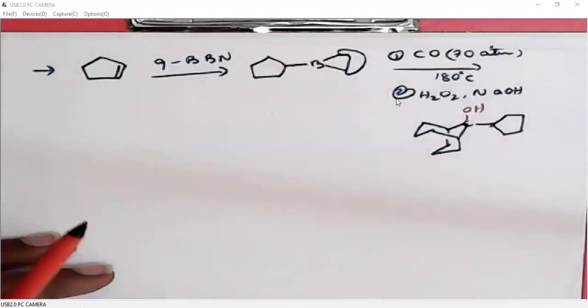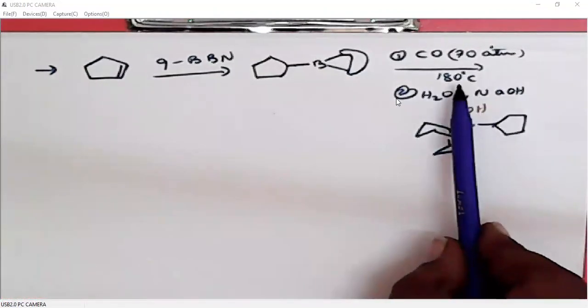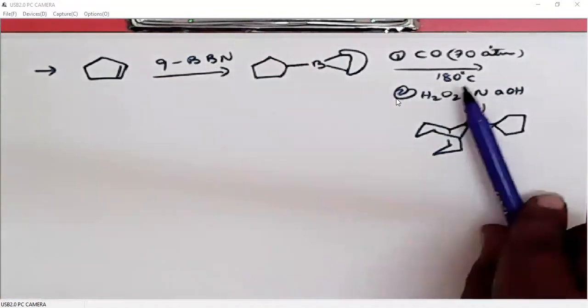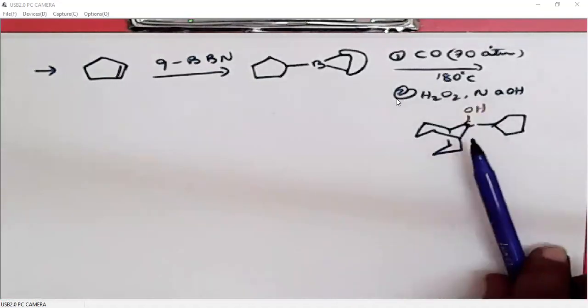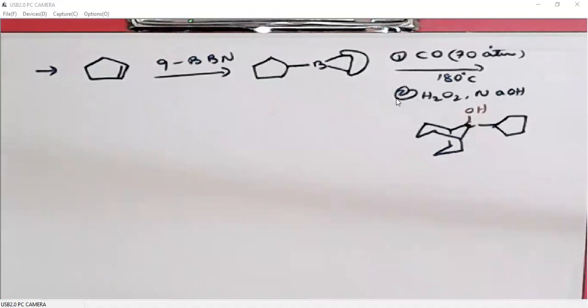If we don't use high temperatures, then it is possible to shift one or two alkyl groups based on the steric crowding, but we are using very high temperatures, so it is possible to shift all three alkyl groups so that we will get a tertiary alcohol.